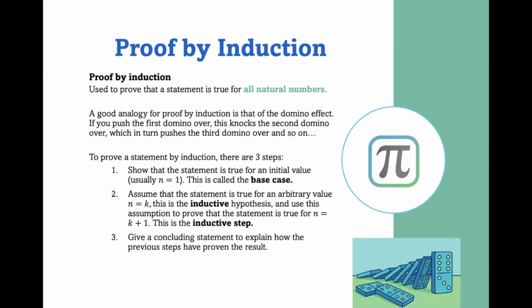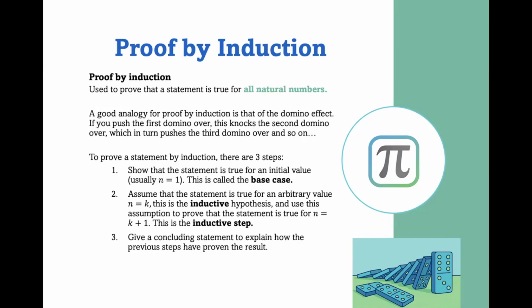So what I mean by the domino effect is if you have proved a statement is true for 1, and you prove a statement is true for n equal to any number k, and then any number equal to k plus 1. So in other words, you show that for two numbers in sequence, the proof holds true.